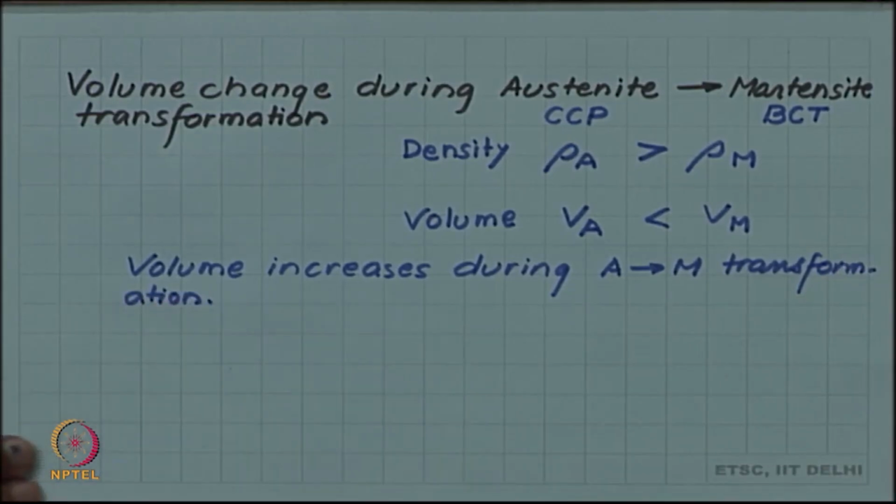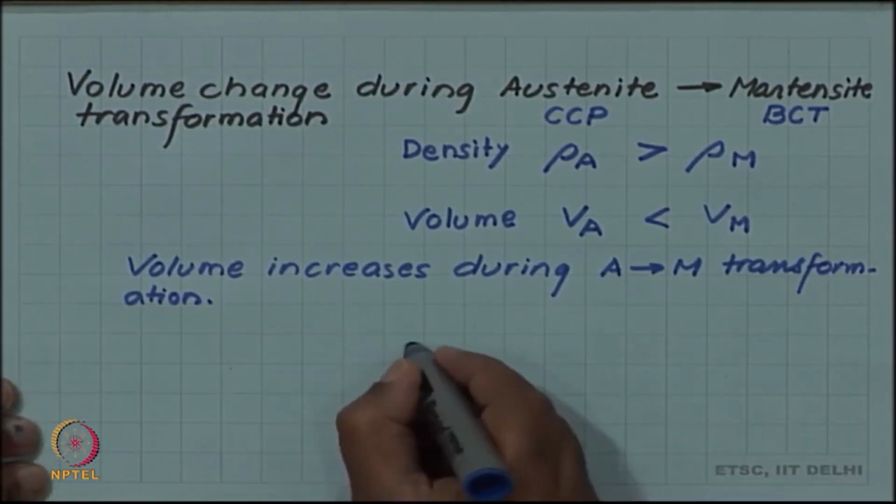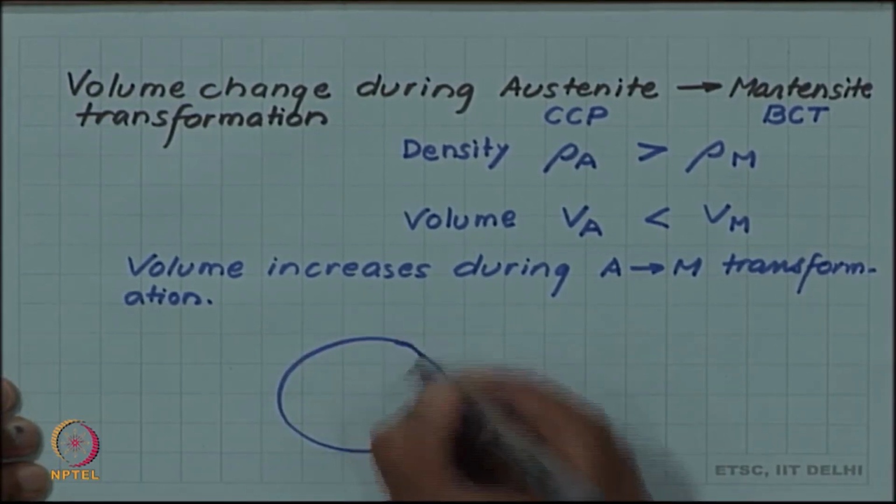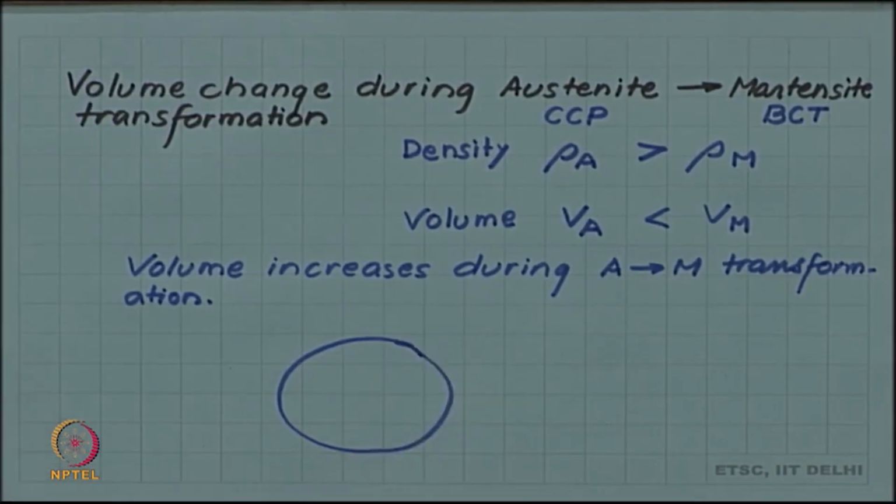This volume increase is now going to cause some problem in our large component quenching. We saw that initially the outer shell which cooled faster formed martensite.